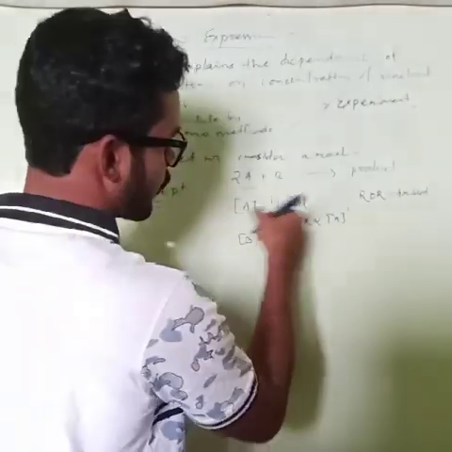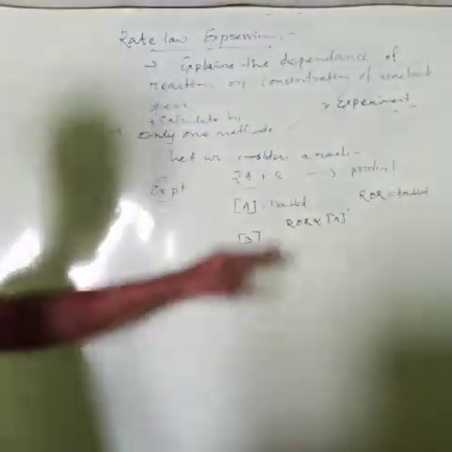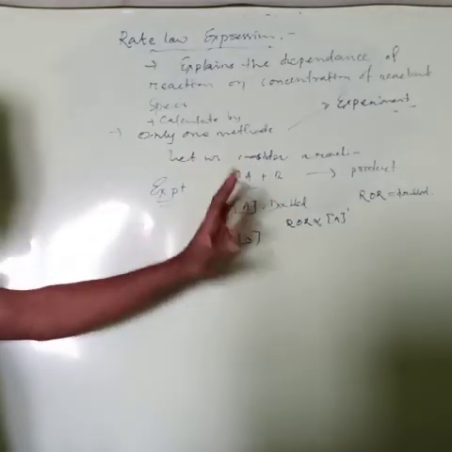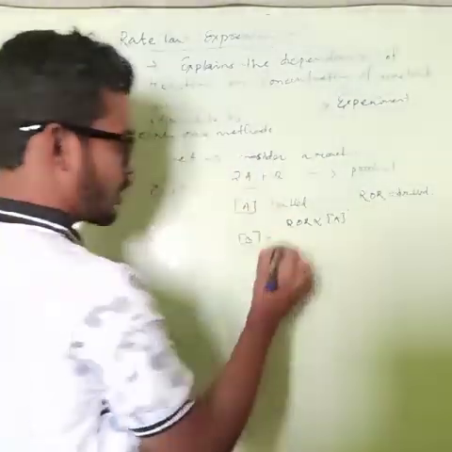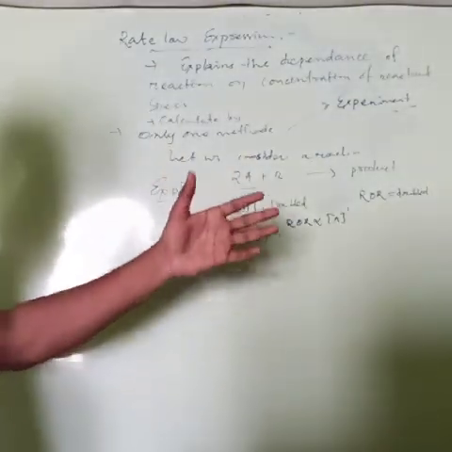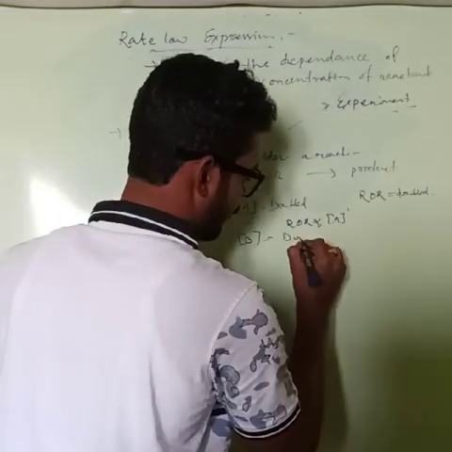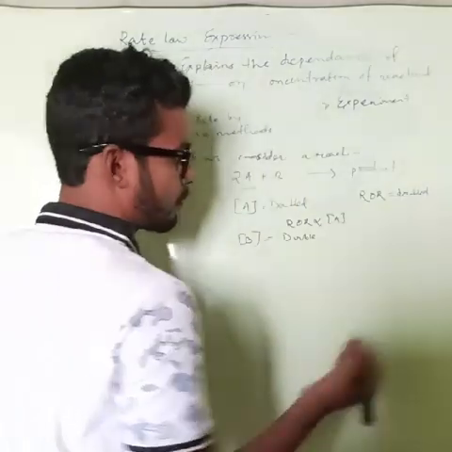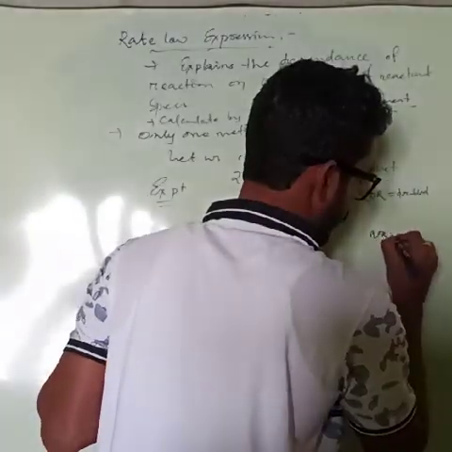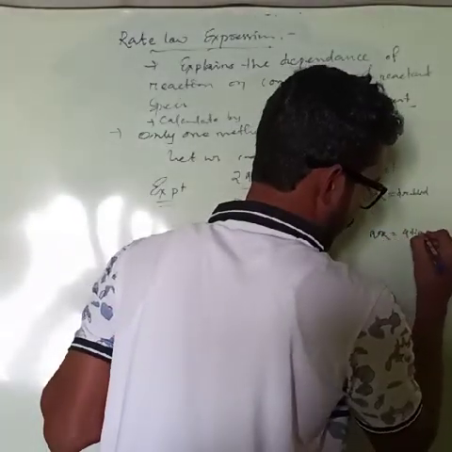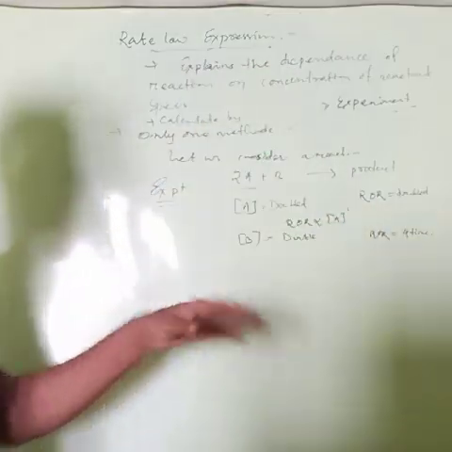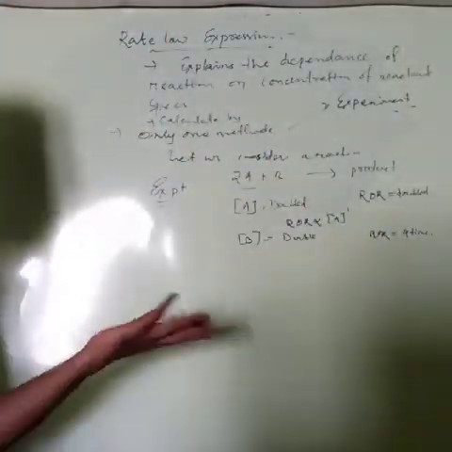Next, keeping the concentration of A constant, you just change the concentration of B to double. Suppose you got 4 times ROR.